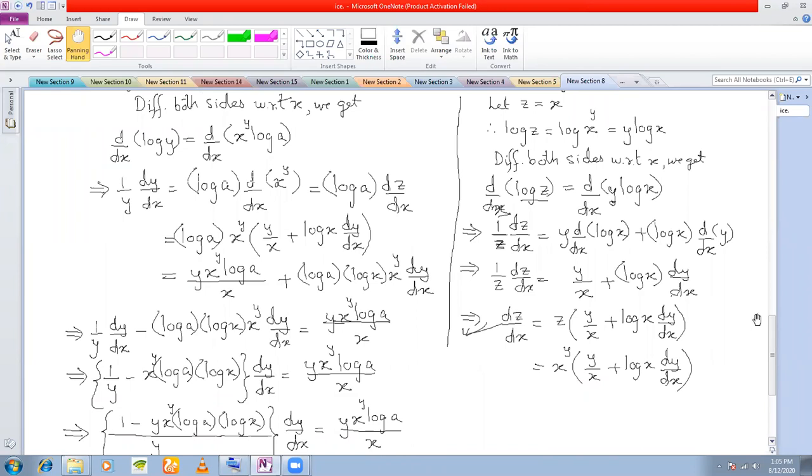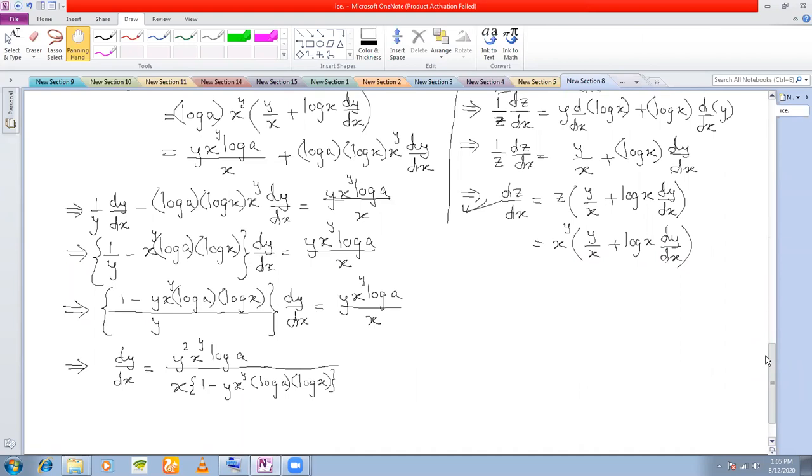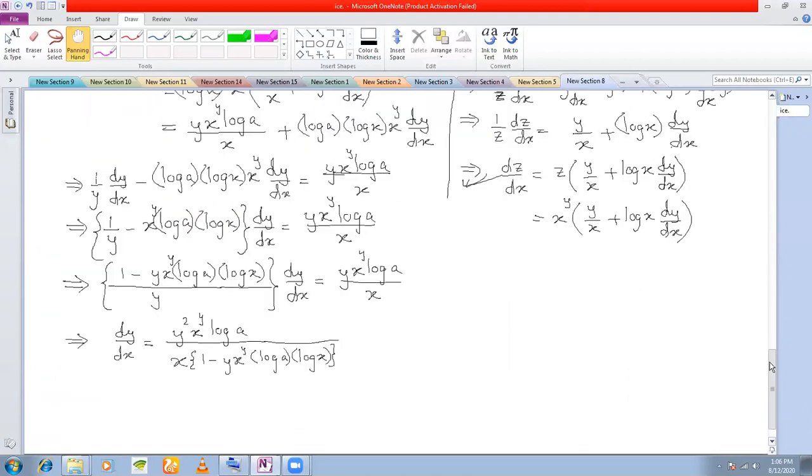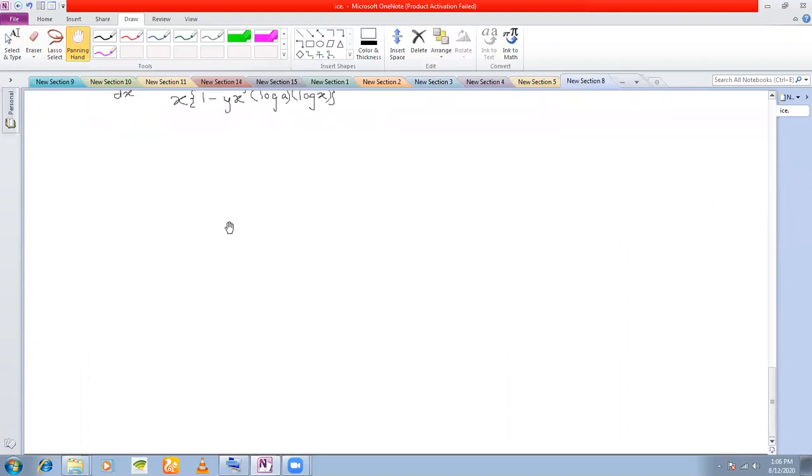I think something is wrong with the answer. y square log y by x into 1 minus log x into log y. No, this is okay. It's no problem. Okay, let's proceed with the next one.